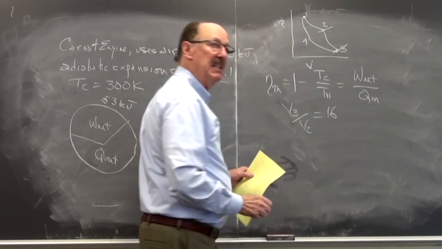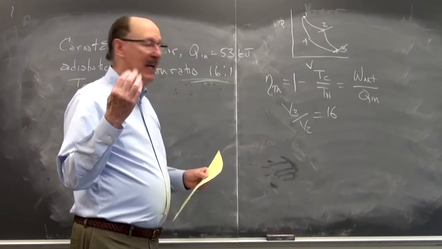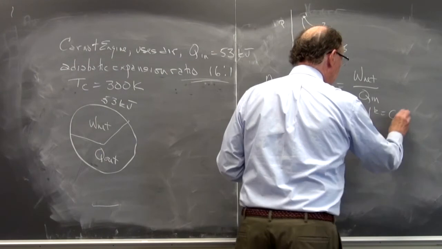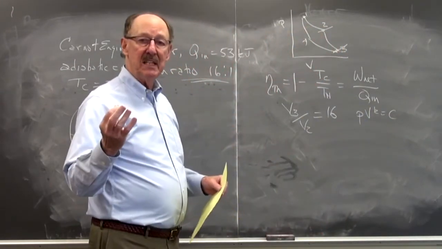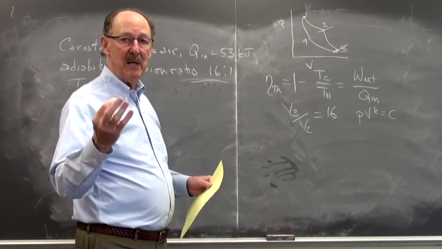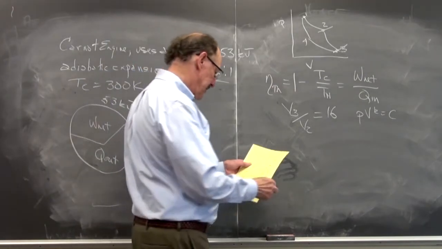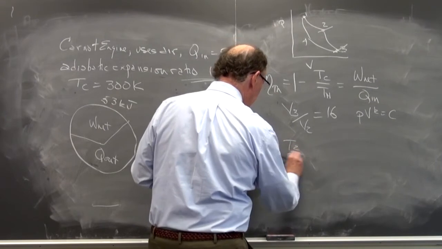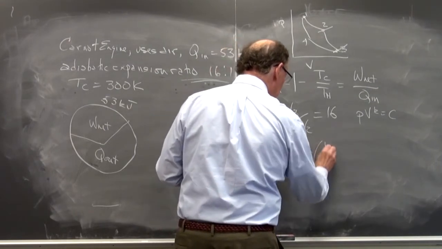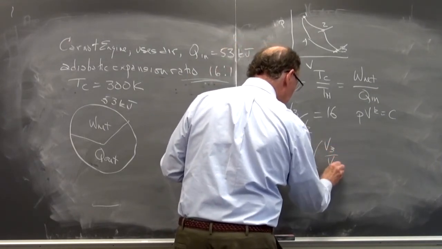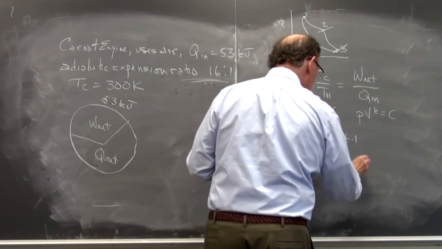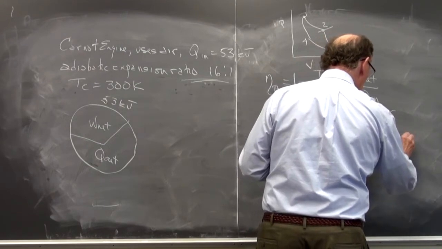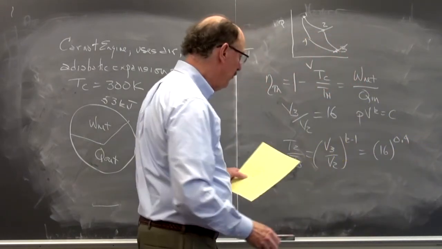It is equal to 16. Now, this is for adiabatic processes, or PV to the K, and I need to go back in chapter 6 and pay attention to the special case of the polytropic, reversible adiabatic process. We note that T2 over T3 is equal to V3 over V2 to the K minus 1, so this is equal to 16 to the 0.4, where K for air is 1.4.